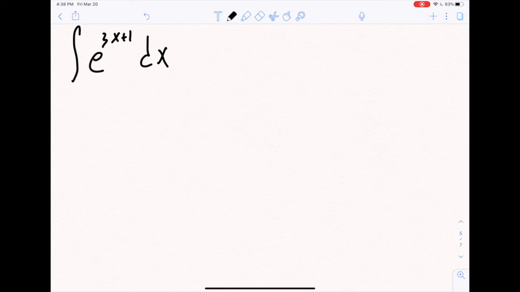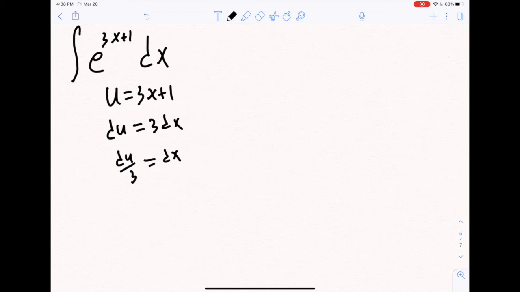One more example, e to the 3x plus 1. Like I said before, anytime you have something in the exponent that's not x, you have to use a u substitution. So here, let's let u equal 3x plus 1. So then du equals 3dx. Or another way to write that is that du over 3 equals dx.